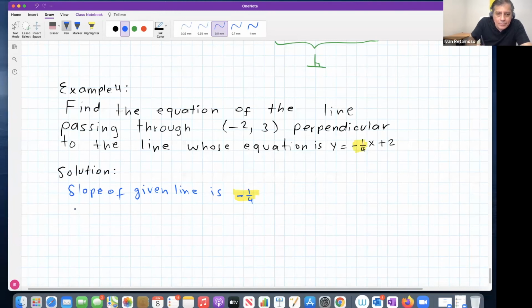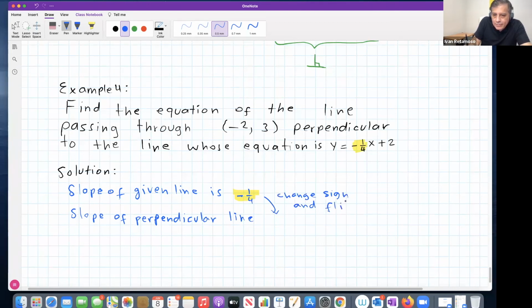But now, what should be the slope of the perpendicular line? Anybody could tell us? As a hint, two things that you must do to this number: change sign and flip, right?